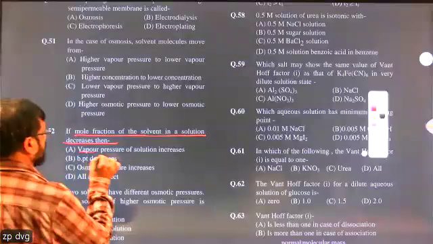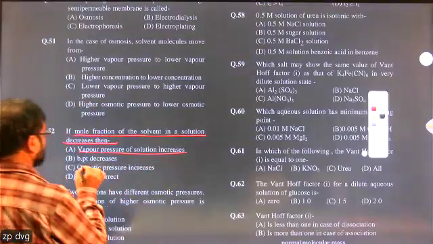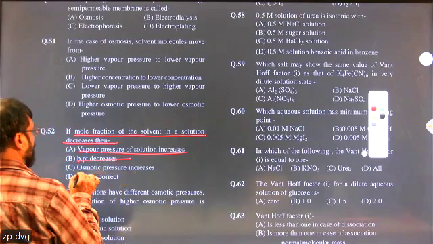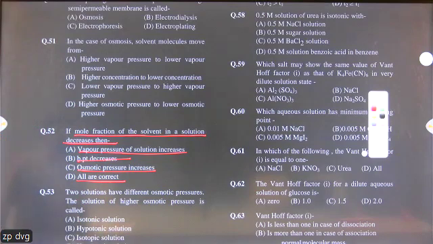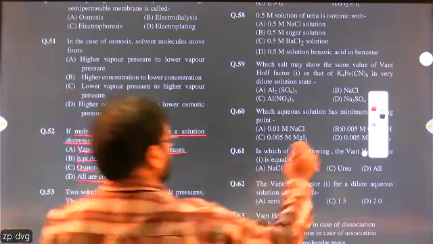Vapor pressure increases, or boiling point decreases, osmotic pressure increases: which option is correct? Mole fraction of the solvent decreasing means the vapor pressure of the solution decreases. Boiling point increases. Osmotic pressure increases, because concentration is increasing.